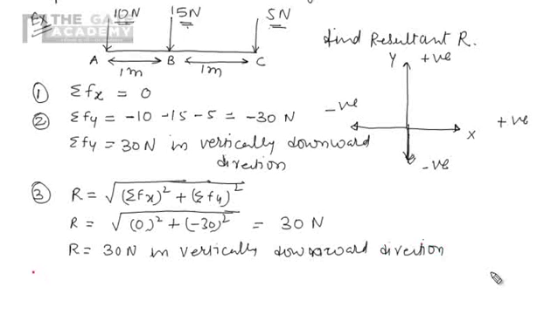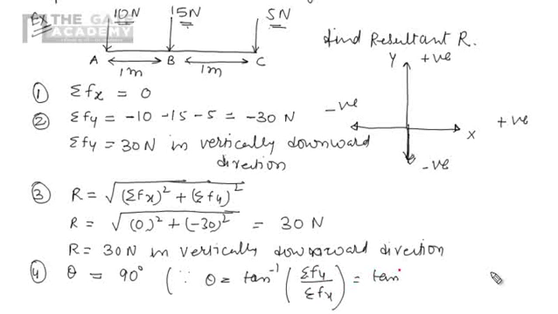So obviously, if you find theta for the vertically downward resultant force, it will come 90 degrees. Or we can also get this value by theta equals tan inverse of Fy by Fx.